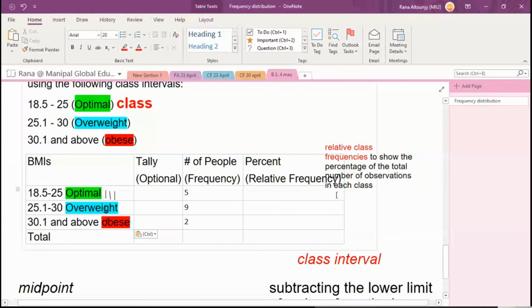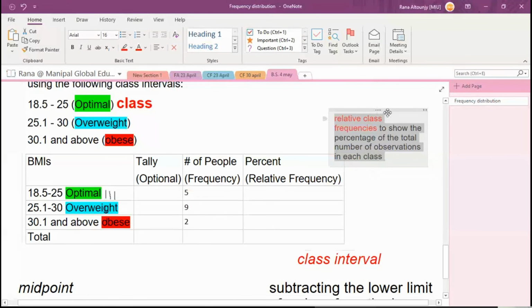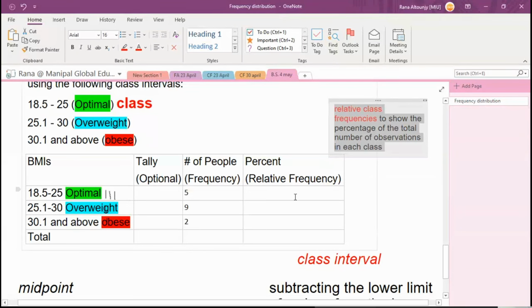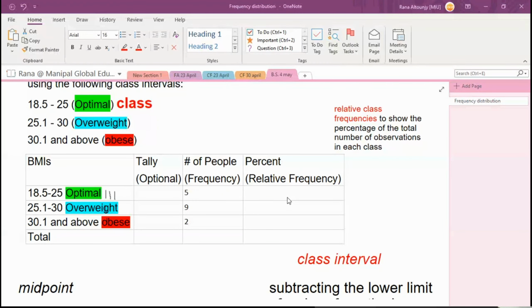So we need to calculate the percentage of each, because when we are making our report, we want to say, for example, 20% of them are overweight, 20% are obese, or the rest of the percentage are optimal. So how can we calculate it?